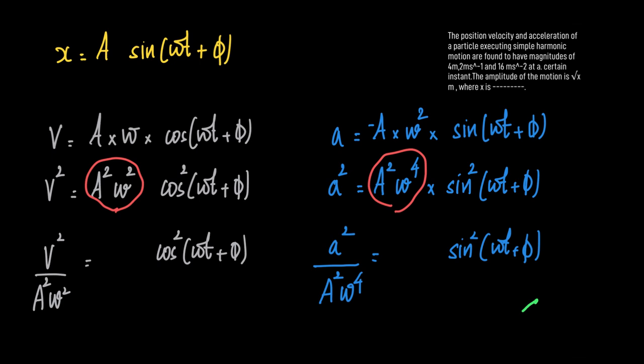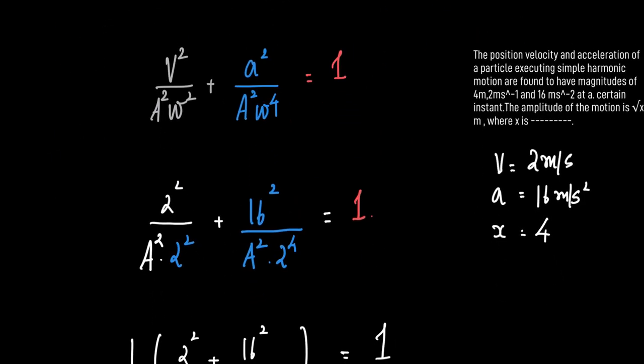Now, what do we have? We got two equations, with the RHS being cos square omega t plus phi and sine square omega t plus phi. When they are added, the RHS becomes equal to 1. Therefore, v squared by a square omega square plus a squared by a square omega to the power 4 is equal to 1. Now plug in the values.